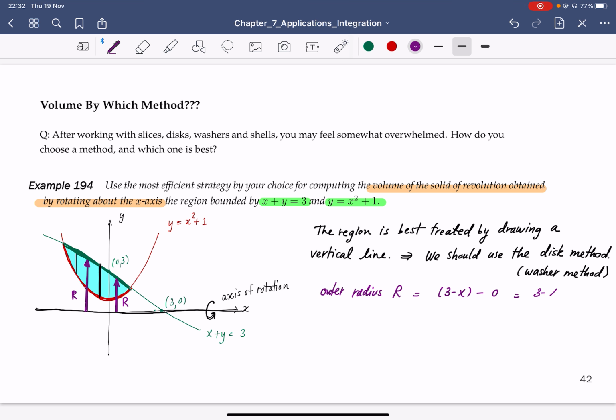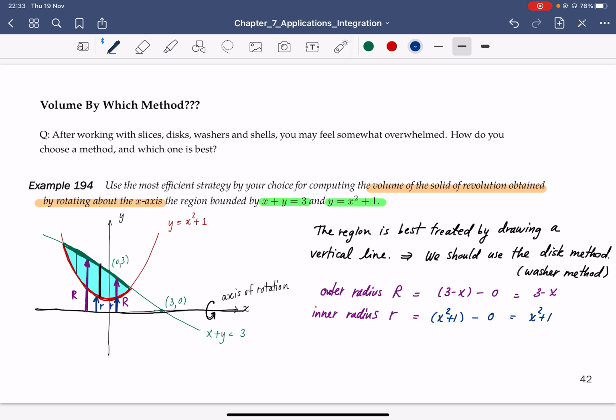So 3 minus x. And then the inner radius, small r, the one that you have here, I'm gonna use the blue color here. Every time you get this, it's just small r. So that means small r is going to be x squared plus 1 minus 0, which is x squared plus 1.